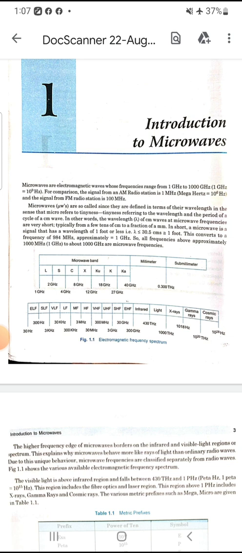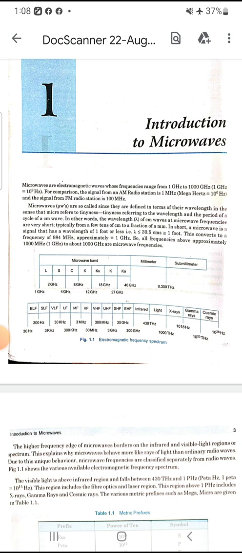Then the VHF band, the very high frequency band, has a starting frequency of 30 megahertz and an end frequency of 300 megahertz. After VHF, there is the UHF band, the ultra high frequency band. Its starting frequency is 300 megahertz and its end frequency is 3 gigahertz.